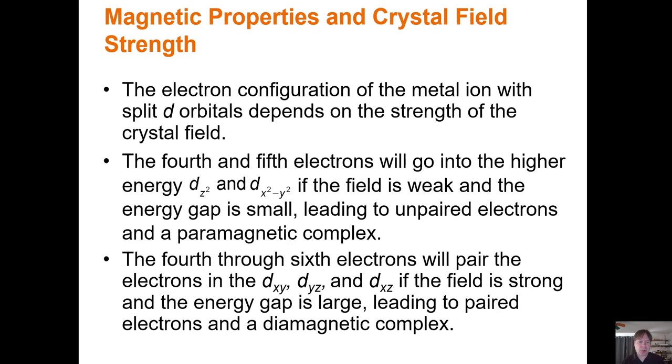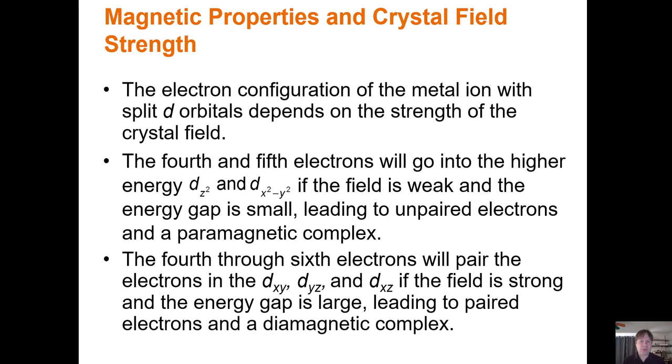If we have a strong field, what that means is that gap is bigger, so it's less energy to pair those electrons up than to push them up to the top 2. So if you have between 4 and 6 electrons, they will end up pairing up in the dxy, dyz, and dxz orbitals on the bottom and leave those top 2 orbitals completely unfilled.